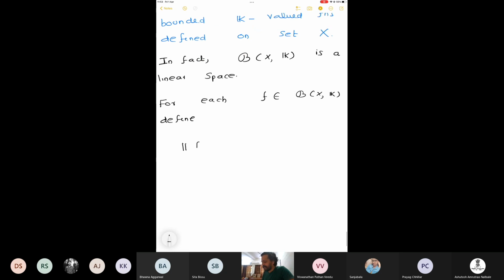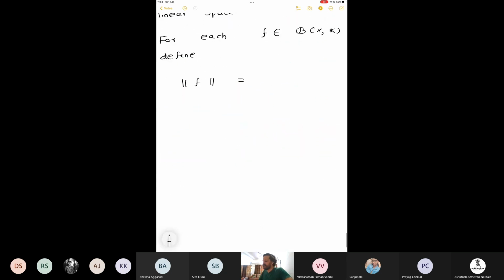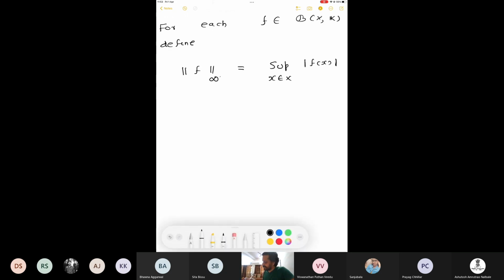Norm of f is equal to, as I already told, you can talk about the supremum. That supremum I am taking: supremum over x in X of modulus of f of x. This is my definition for norm f, usually denoted as norm with suffix infinity, and called the sup norm. It's easy to verify all four conditions.